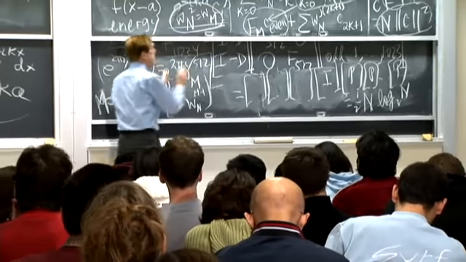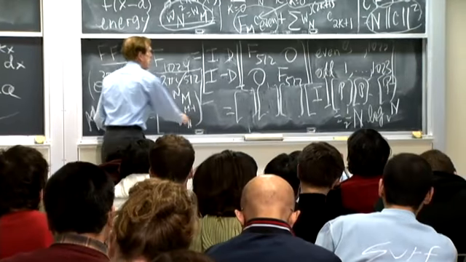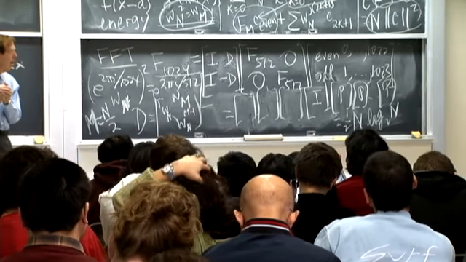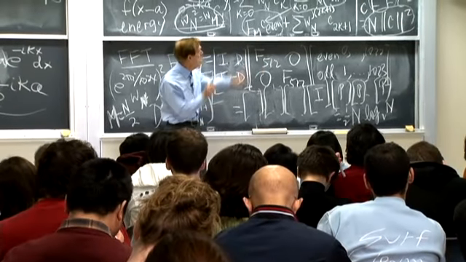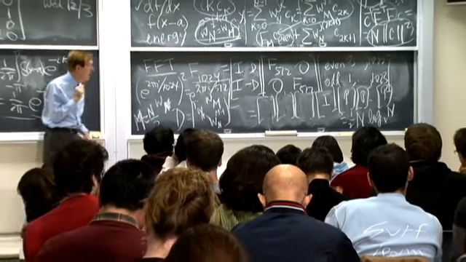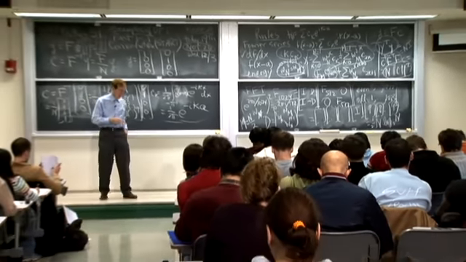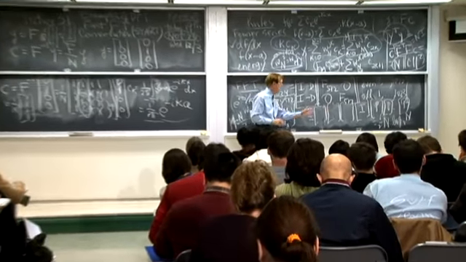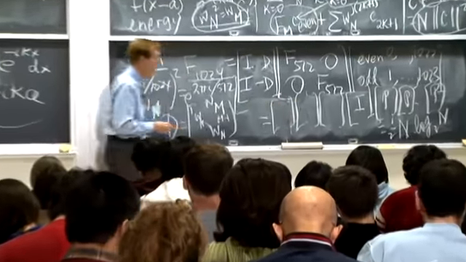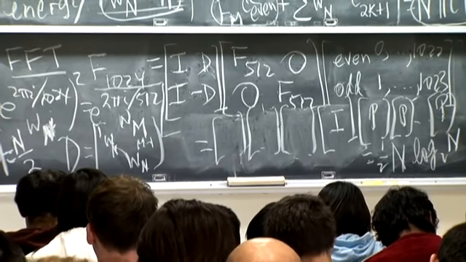It's almost all on one board, 1.5 boards, to tell you the key point: odds and evens, recursion, twiddle factors, getting down to the point where you only have twiddle factors left, and then those multiplications are only n log n.